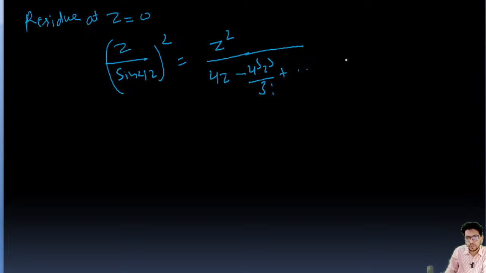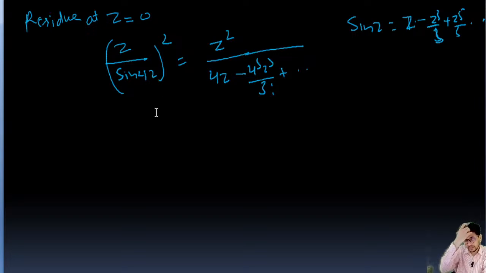This we know, because we know sine z, if you open it, it's going to be z minus z cube by 3 factorial plus z to the 5 by 5 factorial plus so on, right? We know it. Now we'll find this, the complete whole square.